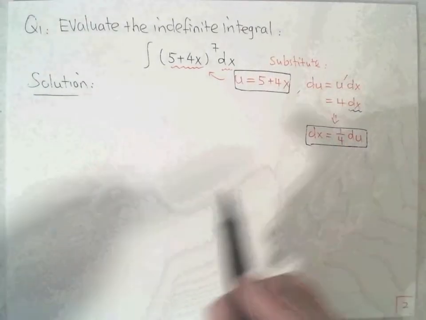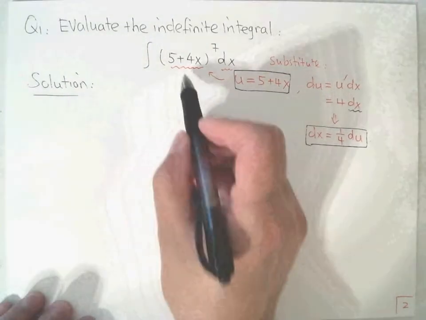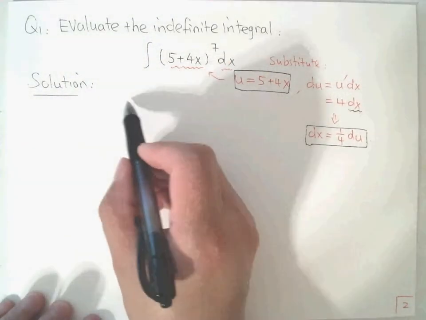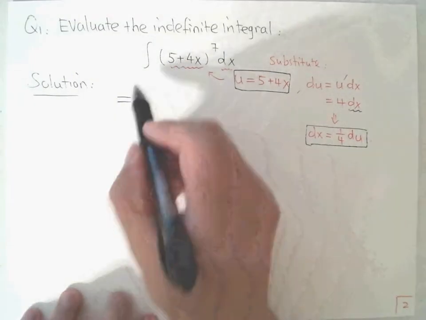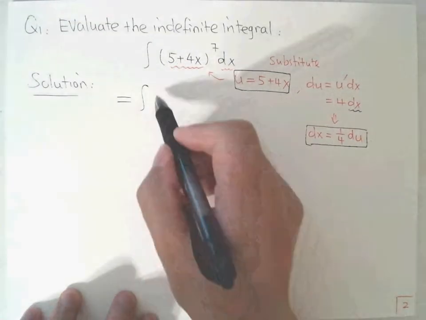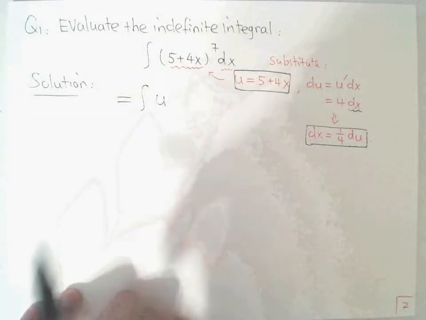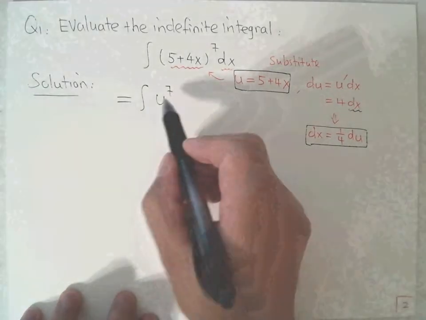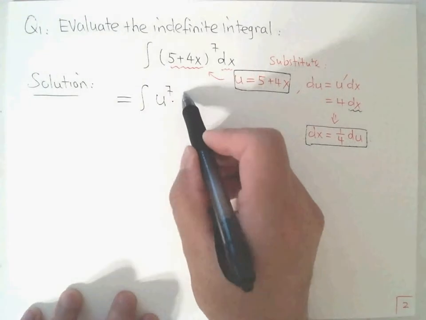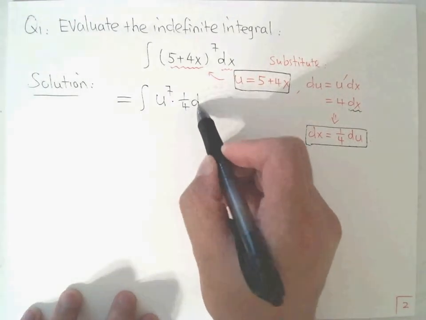Now what do we have? I directly plug in there. So the integral, this is u, right? So it's u raised to the 7th power. What is dx? Dx is 1/4 times du.